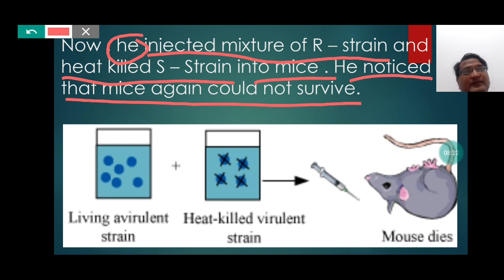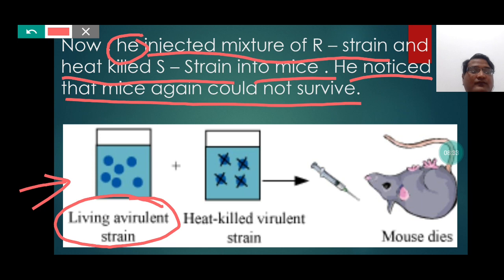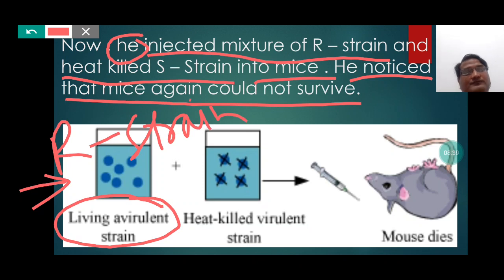So students, this concept we can understand with the help of this picture also, where here you can notice the living avirulent strain. So students, when we say avirulent strain, that represents R strain. Now we can notice here that it was further incorporated with the heat killed virulent strain.